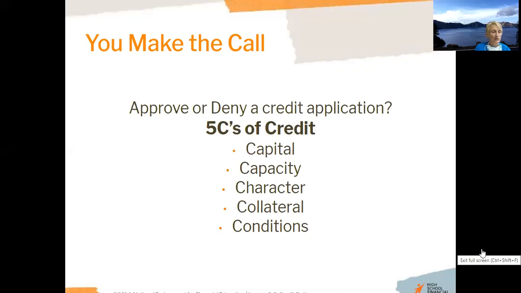And then conditions. Sometimes there are things that happen, and there are some things you can have documented with the major reporting agencies. In this time period with COVID, there are going to be people who, through no fault of their own, may have lost a job or had to take a job paying less or couldn't work as much because they're home taking care of their children or a parent or something else.